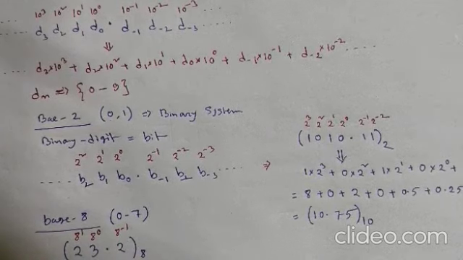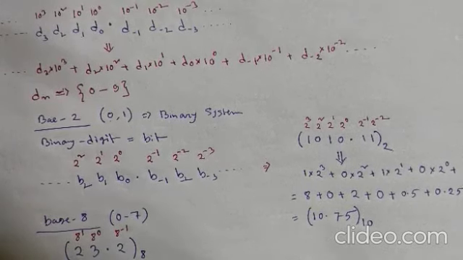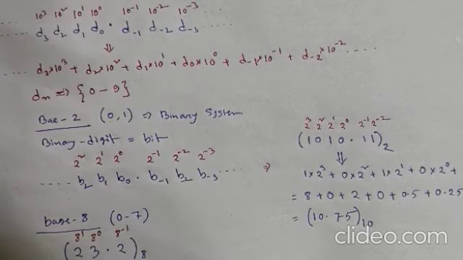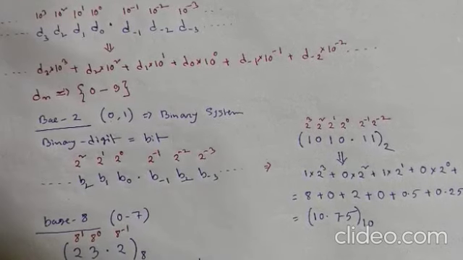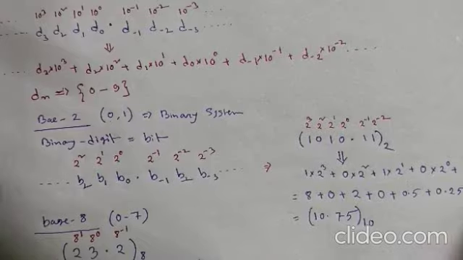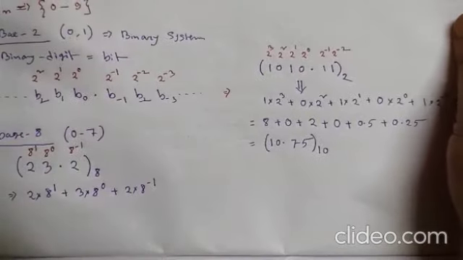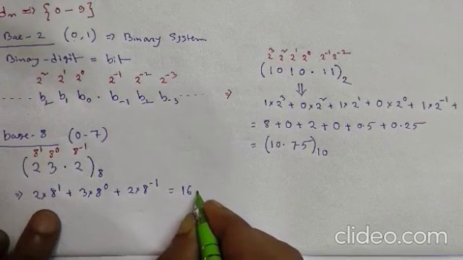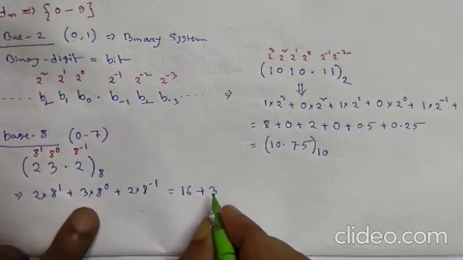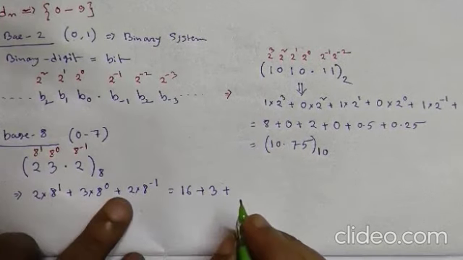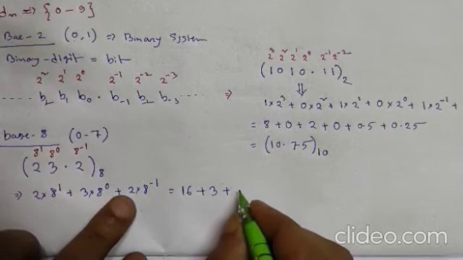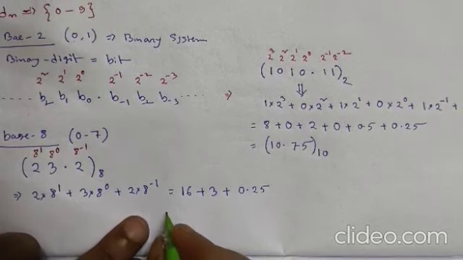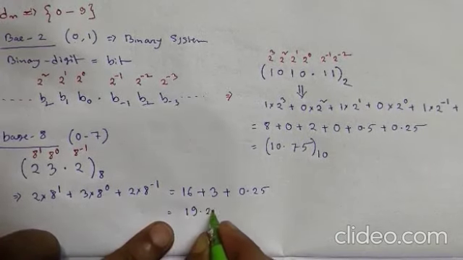So as per the rule, we will multiply 2 with 8 to the power 1 plus 3 into 8 to the power 0 plus 2 into 8 to the power minus 1. That will generate 16 plus 3 plus 0.25, so that will be 19.25.